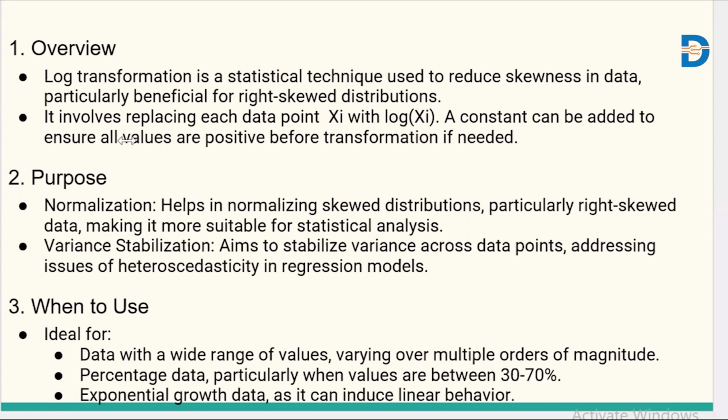A constant can be added before transforming, if needed, to ensure that all the values are positive. It is not a mandatory part. So just to be sure that all the values are positive, I add a constant to it. The purpose being normalizing and stabilizing the variance.